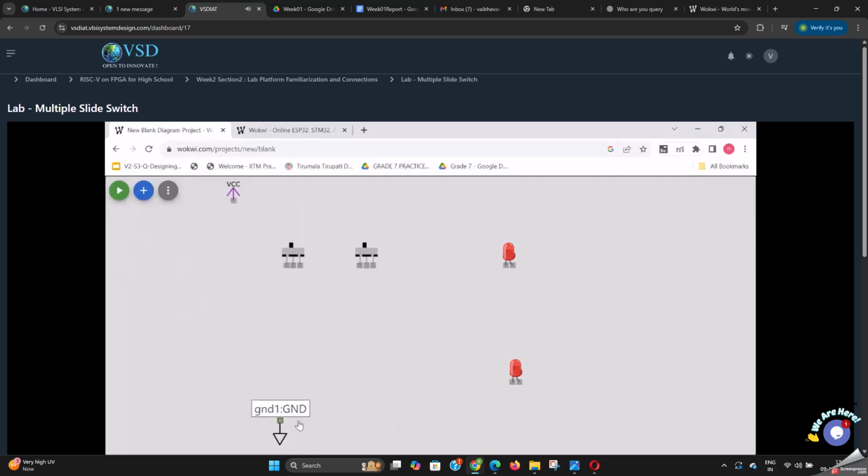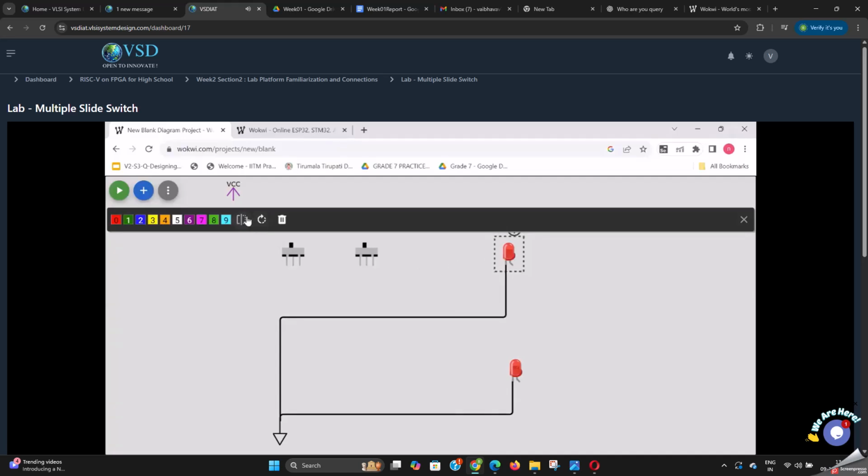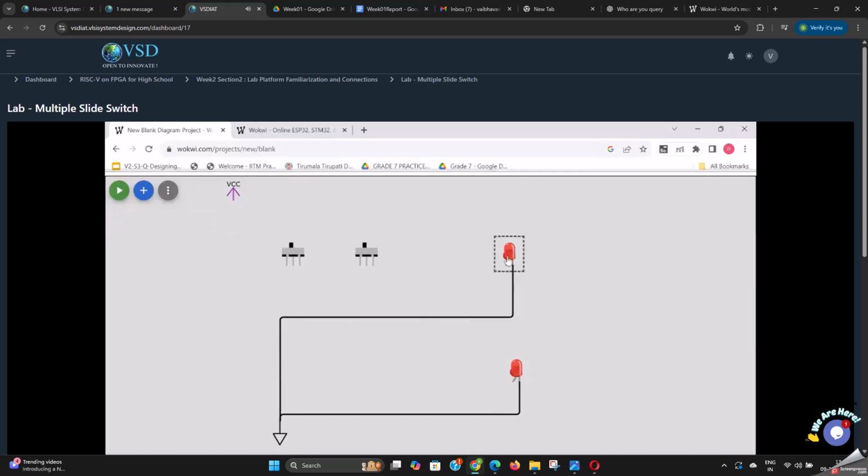So I am connecting both the LEDs' cathode terminals to ground. And pick both these LEDs. Both the LEDs' cathode terminals are connected to ground.